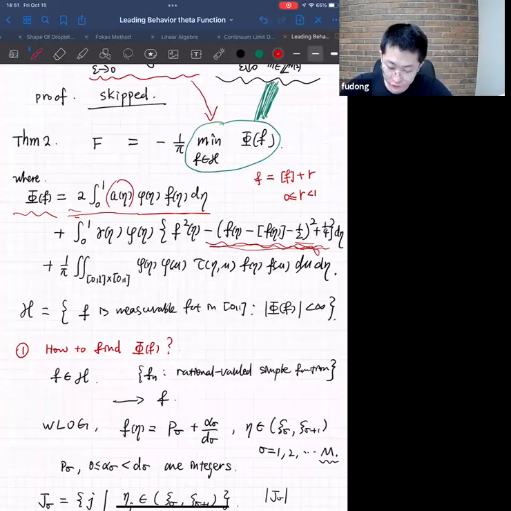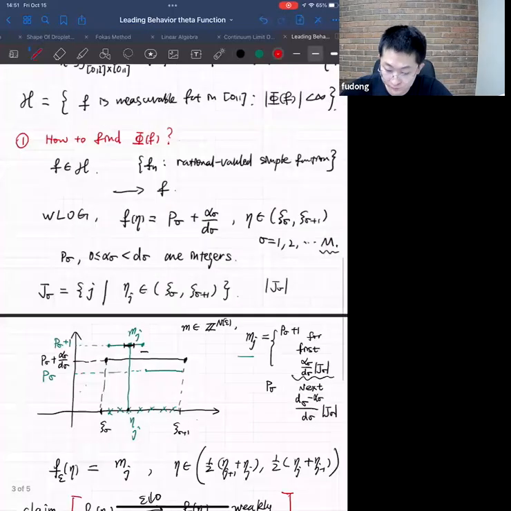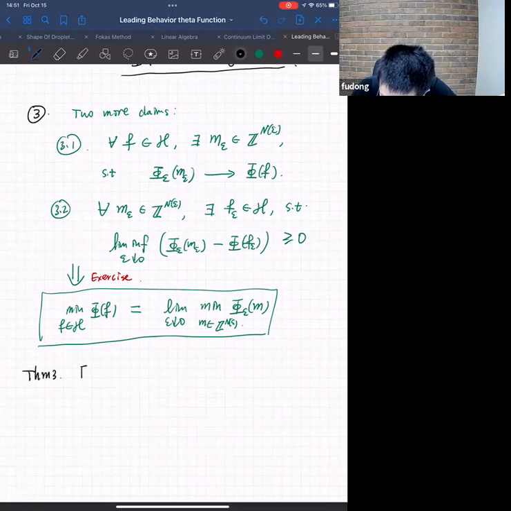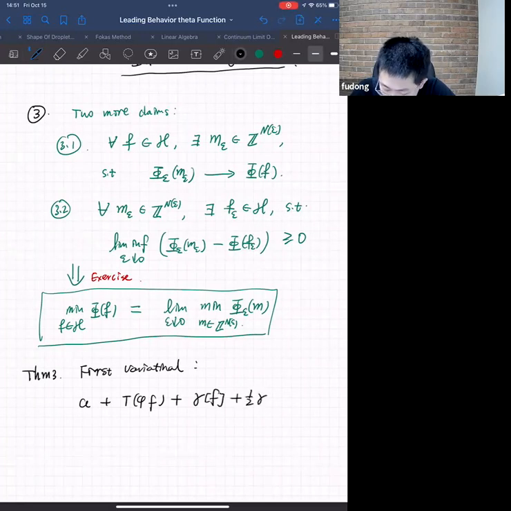So the first variation of this function, let me say theorem 3, is actually the following: a plus t phi f plus gamma, the integer value, plus 1/2 gamma when f is not integer.